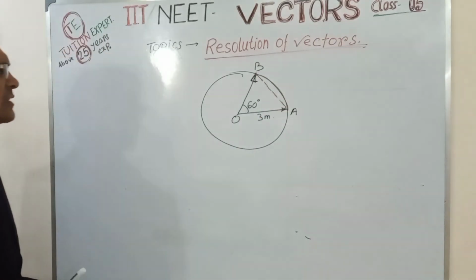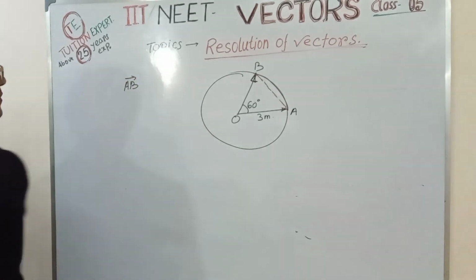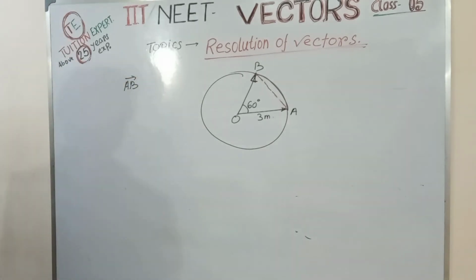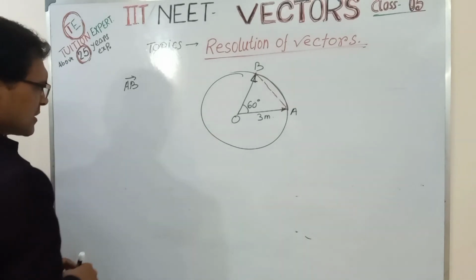What is the vector AB, or what is the length of AB?